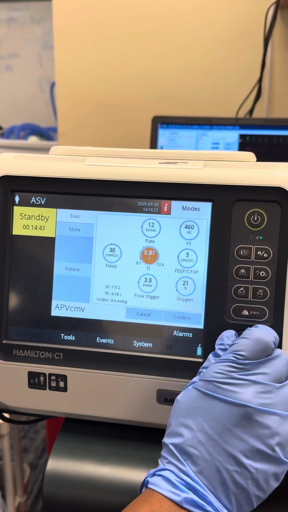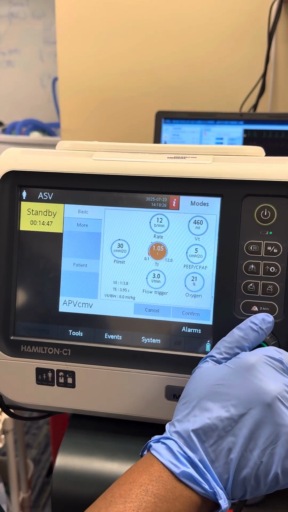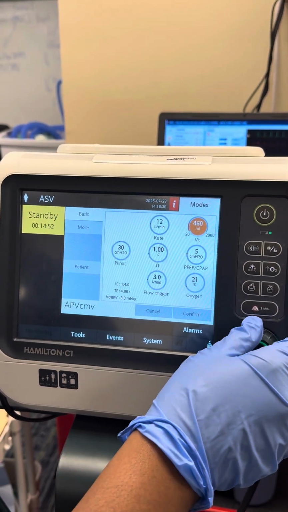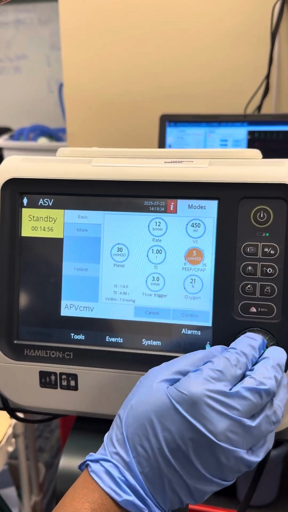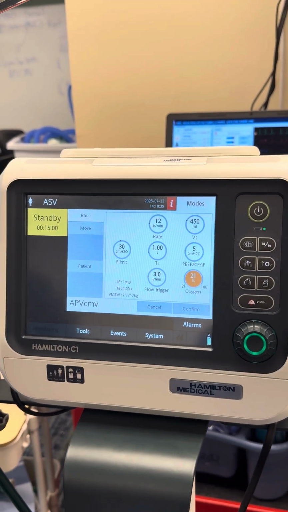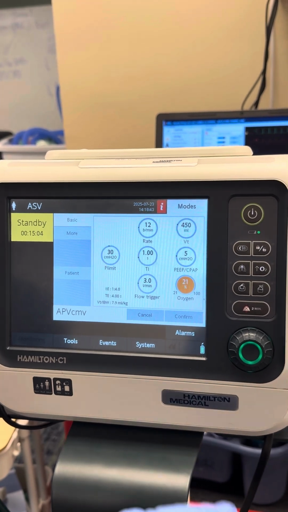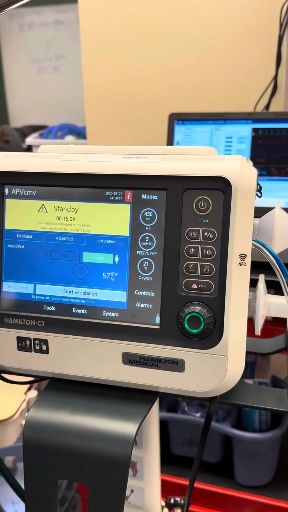Our time is 1. Tidal volume is going to be 450. PEEP 5. Oxygen FiO2 would be 40, but for video purposes to preserve oxygen, we're going to set it at 21. And then I'm going to start ventilation.